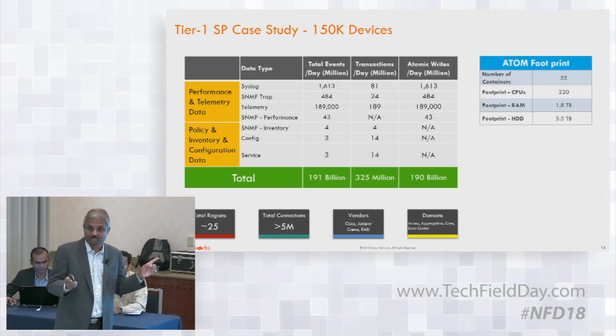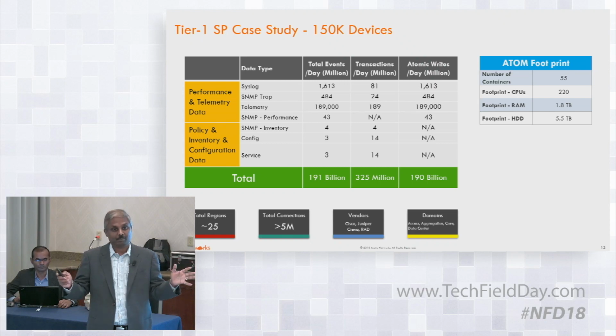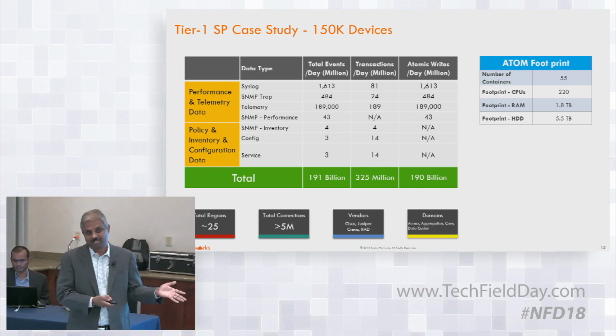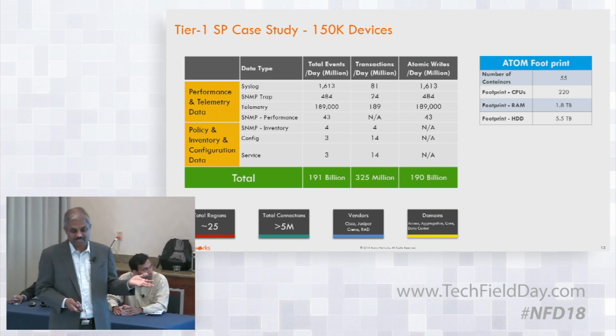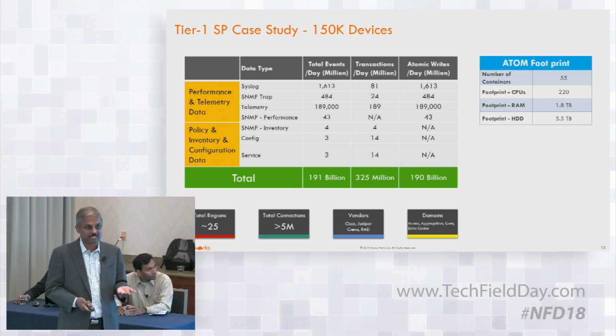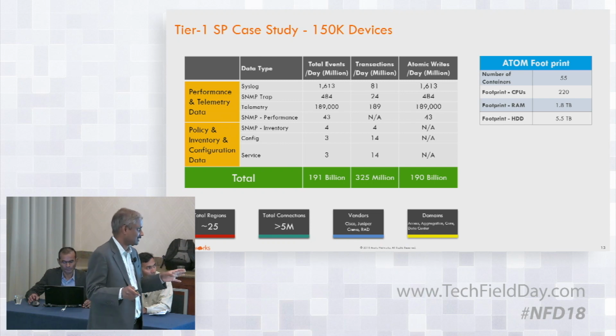Okay. So this is basically benchmark data I really want to present, because we are the first one to really deliver this kind of microservices architecture, which can support millions of devices. This is the benchmark we have tested with simulated devices. We simulated this data from case studies of the world's largest IP network, which has close to 150,000 devices today with 25 circles and 5 million connections, and vendor infrastructure from Cisco, Juniper, Ciena, and Radware.